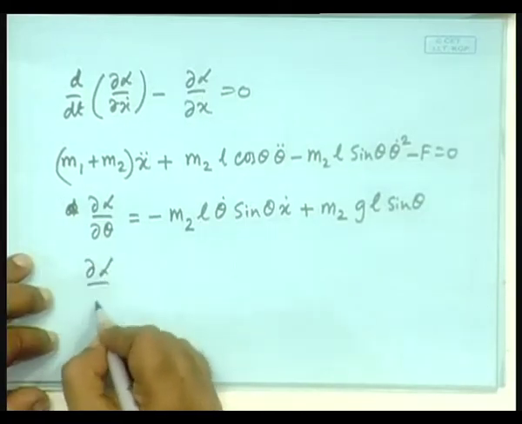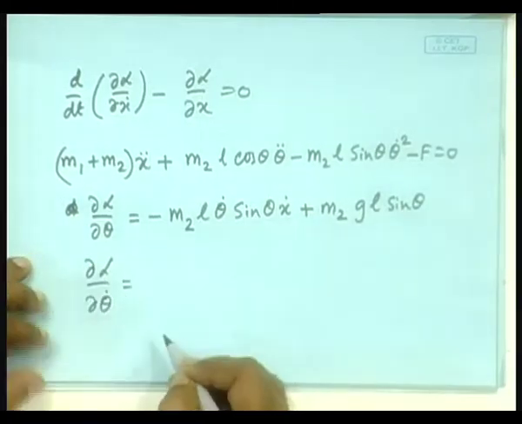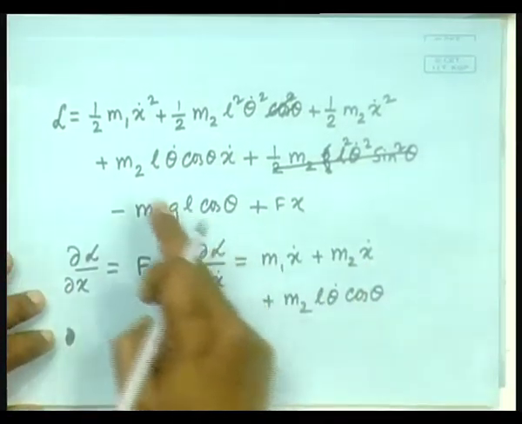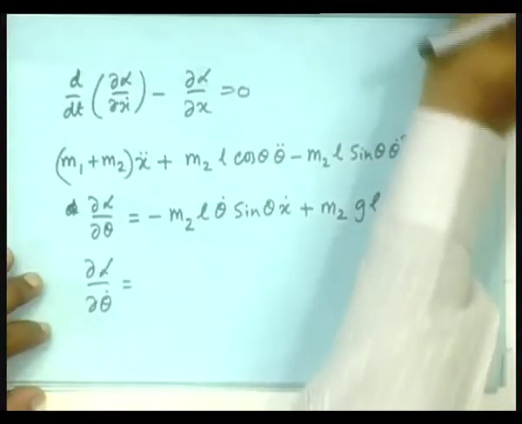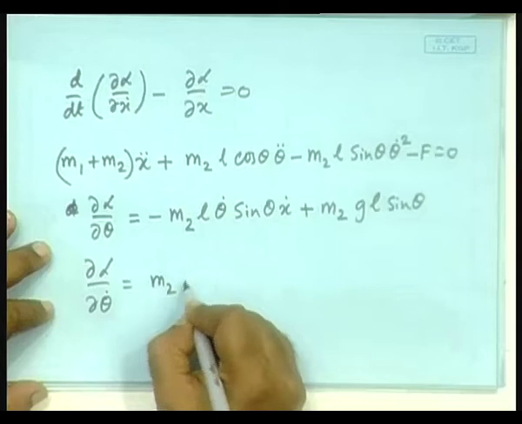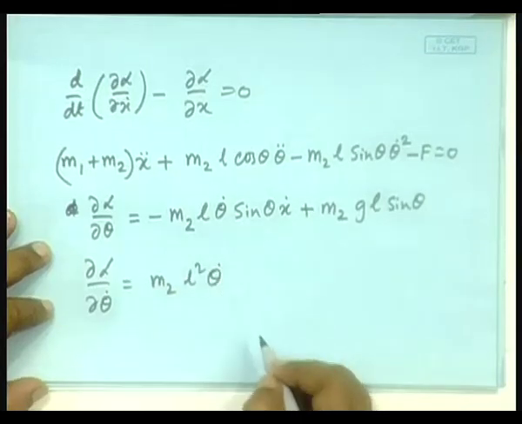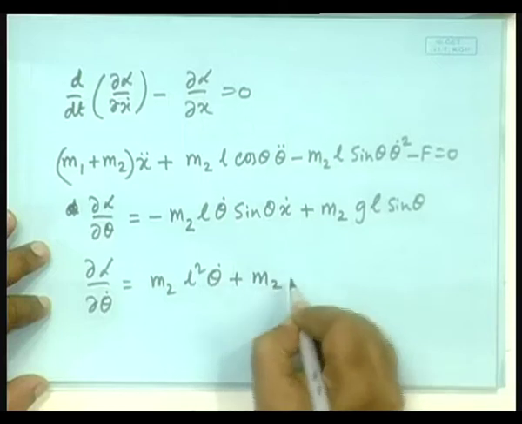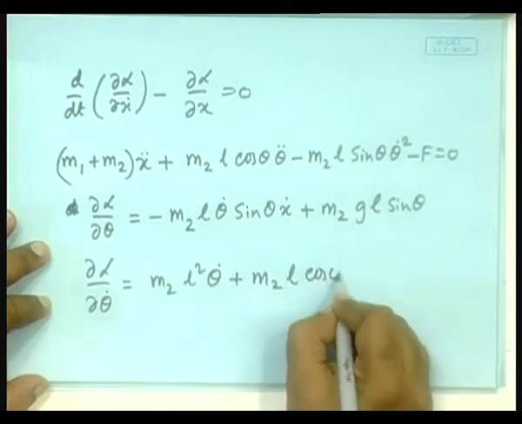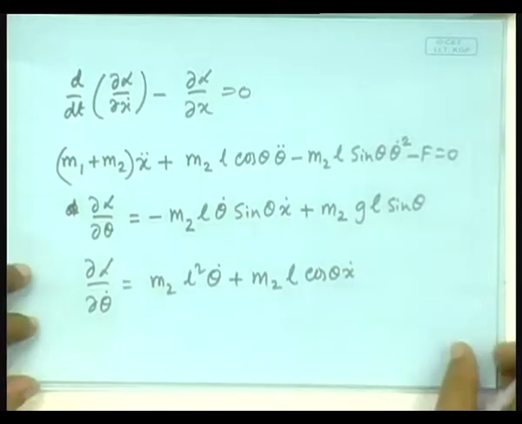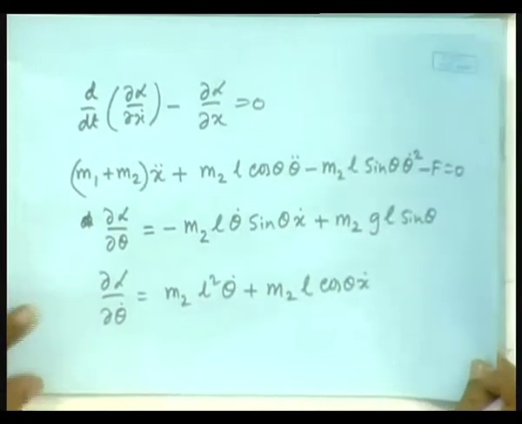And with respect to theta dot, this term remains, m2 L square theta dot plus m2 L cos theta x dot, right.